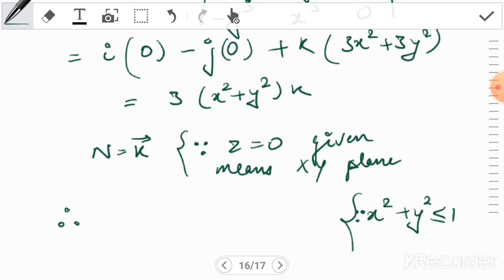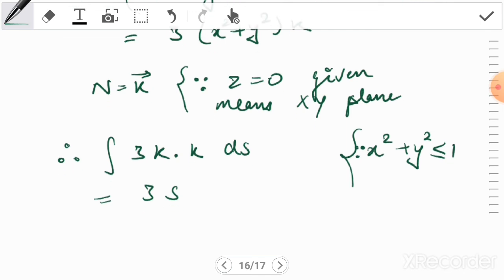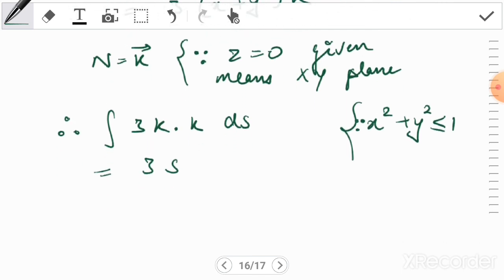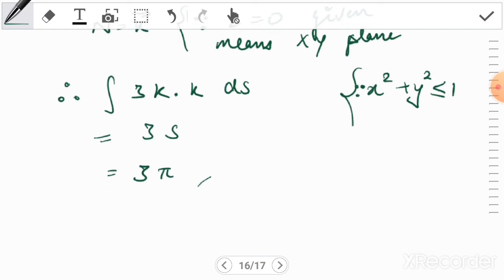So we can say this as 3k dot k dS is equal to 3S. It is a circular disc, so the area will be pi r square, where r is 1, so 3 pi is the answer.